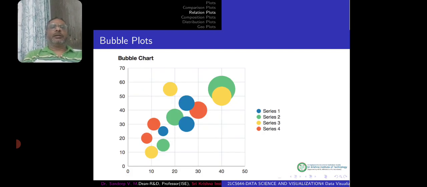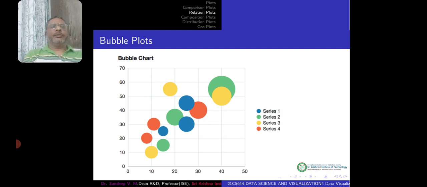So here we are showing an example of a bubble chart. There is one x-axis which talks about a continuous variable, and one y-axis which talks about another continuous variable. Then we find various bubbles spread out in that, and so much information can be given through this one chart.